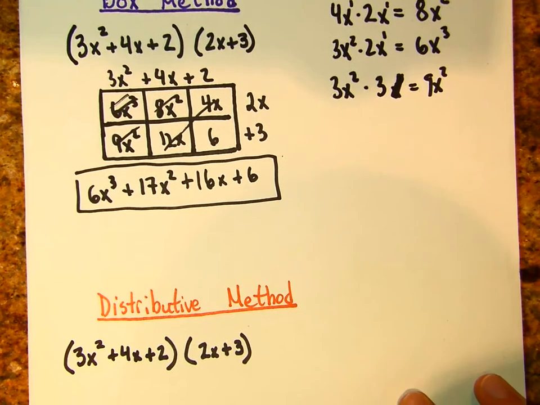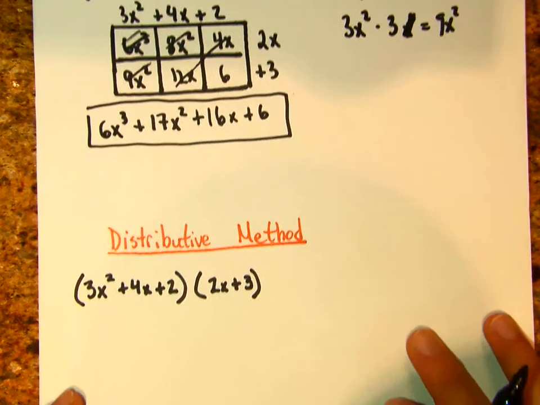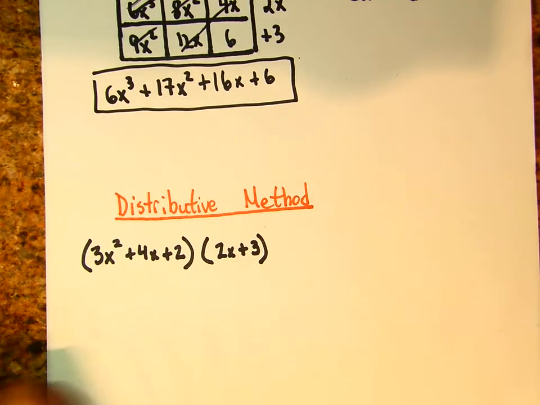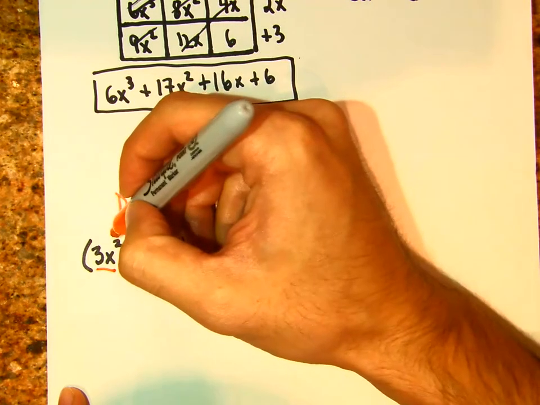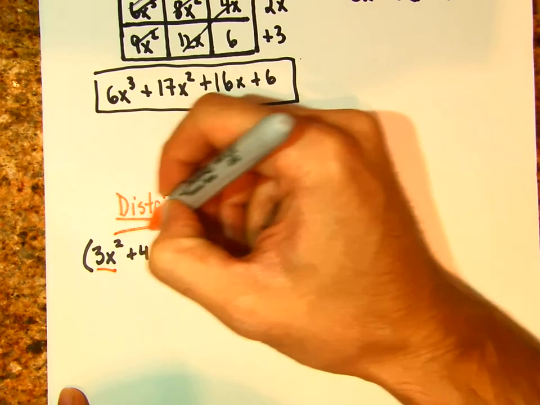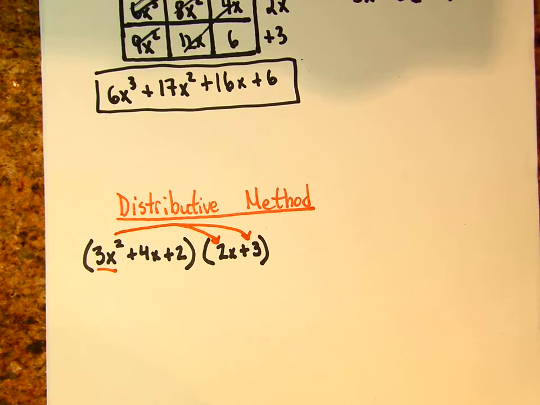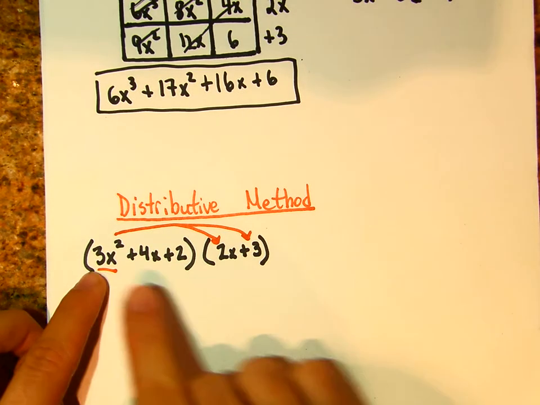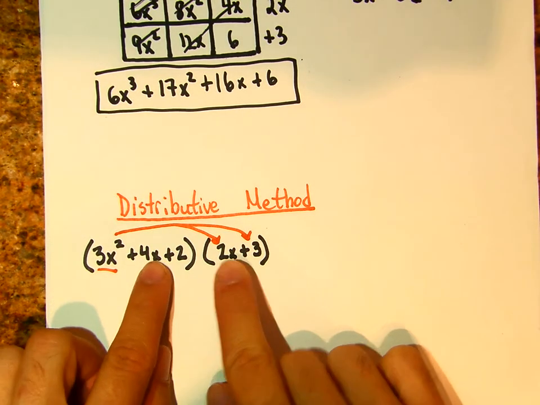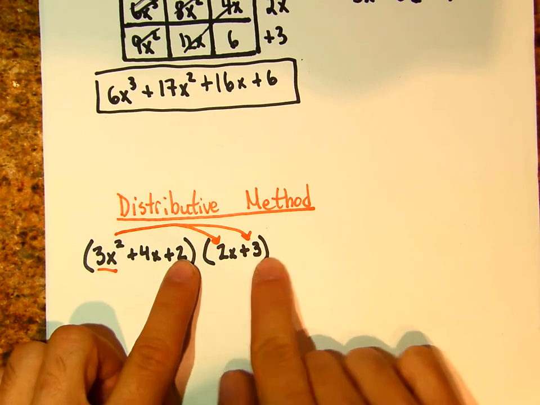Yeah, let's try and do the same problem, but we're going to be using a distributive method. The idea for this is, what you need to do is you need to take this 3x squared and multiply it to each one of these. Yeah, now this is the idea. We're going to multiply this 3x squared to the 2x plus 3, the 4x to the 2x plus 3, the 2 to the 2x plus 3.